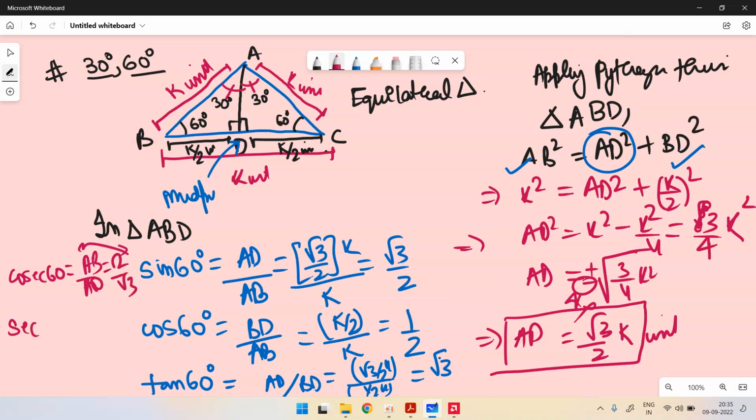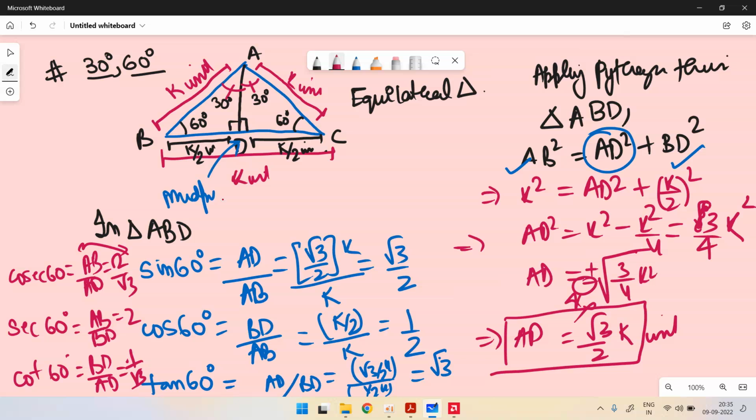I'm just directly writing, you can calculate. Secant 60 is nothing but AB by BD, equal to 2, and cot 60 is nothing but BD by AD, that is 1 by root 3. So here you can get all the values of the 60 degree trigonometric ratios.